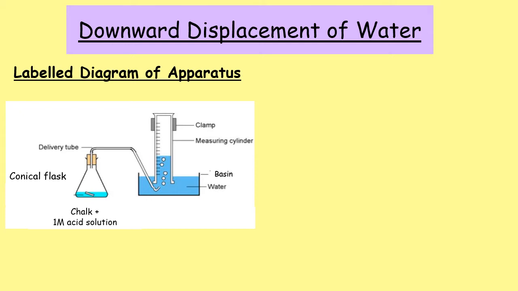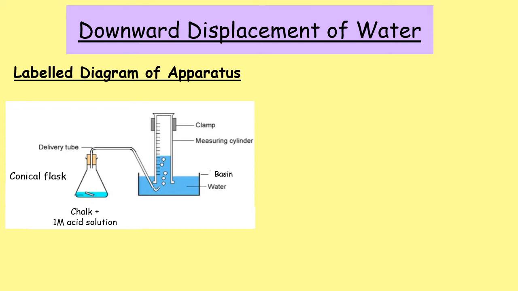And sitting in that basin of water is a measuring cylinder that has been filled with water and turned upside down. Now, if you do it right and turn the measuring cylinder upside down while it's underwater, all the water will stay in the measuring cylinder. As gas moves from your reaction through the delivery tube under the measuring cylinder, it will start to bubble upwards through the measuring cylinder and go to the top.